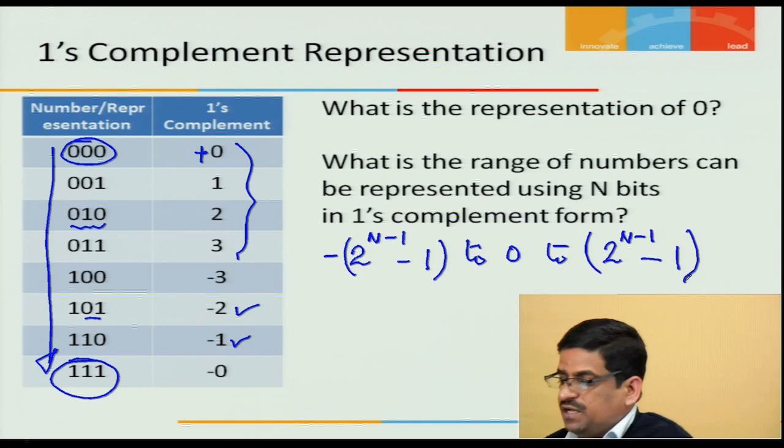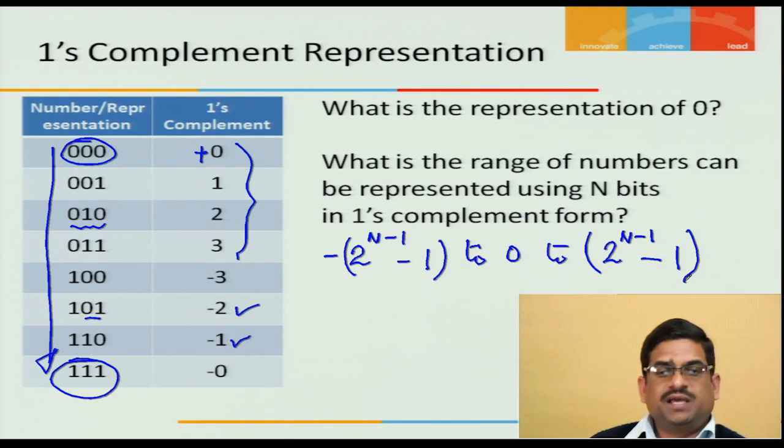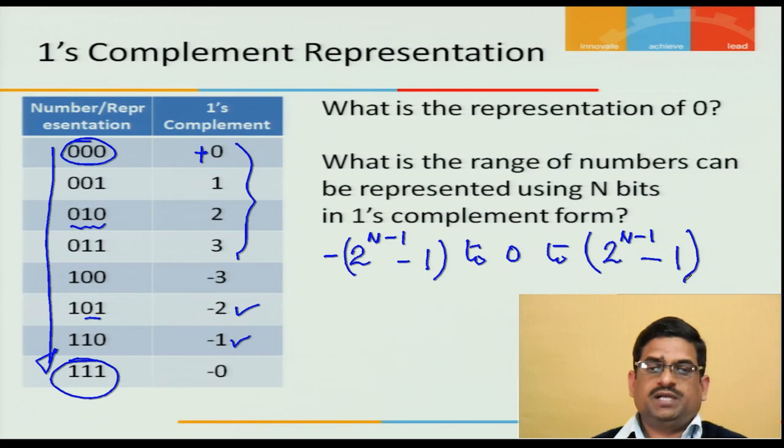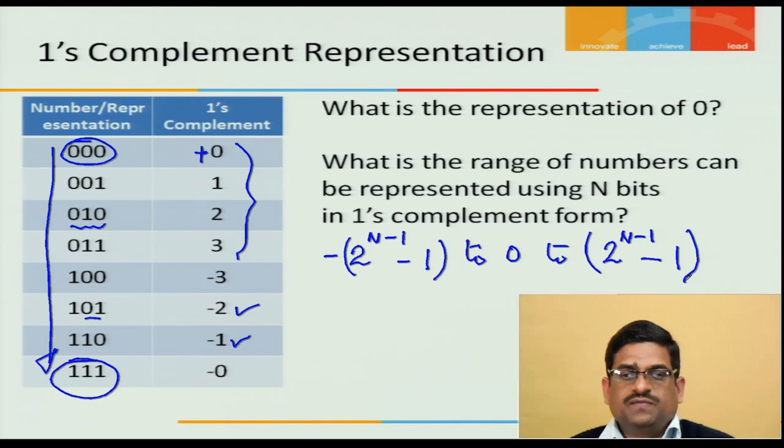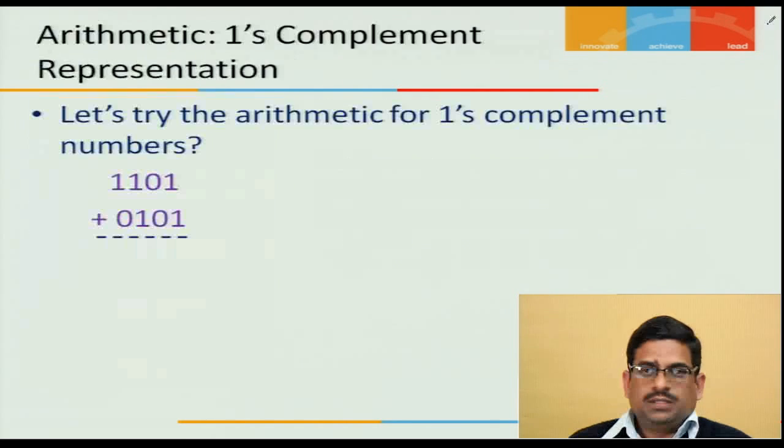Here also, in any signed representation, half of the combinations of the total number of combinations with the given number of bits are used for positive numbers, roughly half I say, because there are two representations of 0, and half for negative numbers.